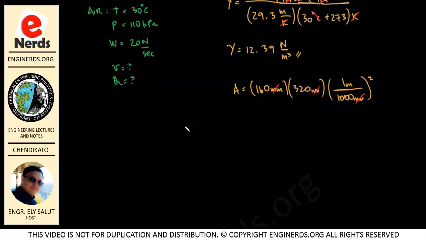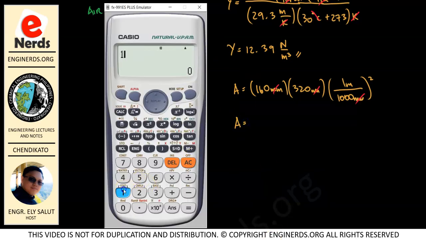So therefore, our area is equal to 160 times 320, divided by 1000 squared.